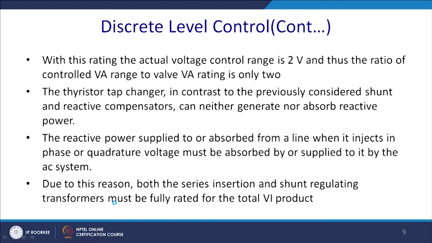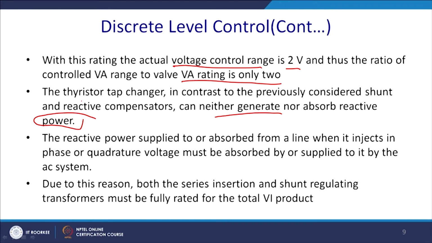With this rating, the voltage control range is 2V, and thus the ratio of the control VA range to the valve VA rating is only 2. The thyristor step changer, in contrast to the previously considered shunt reactive compensator, can either generate or absorb reactive power.